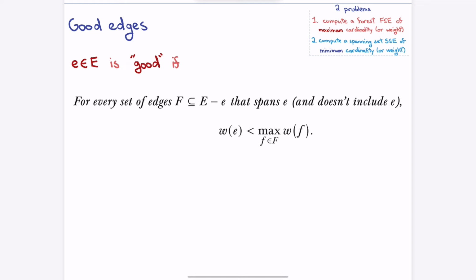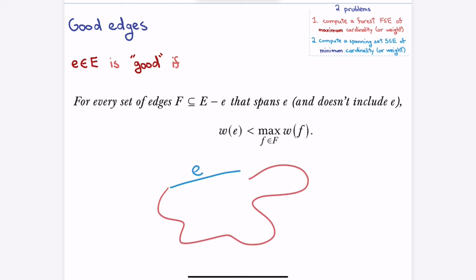I have an edge E, and I'm going to say it's good if for any set of edges that spans E, so it connects the endpoints, there should be at least one edge on this path, remember, all the edge weights are distinct, such that the weight of E is at most the maximum edge in here. So one sec, are we doing maximum forest?